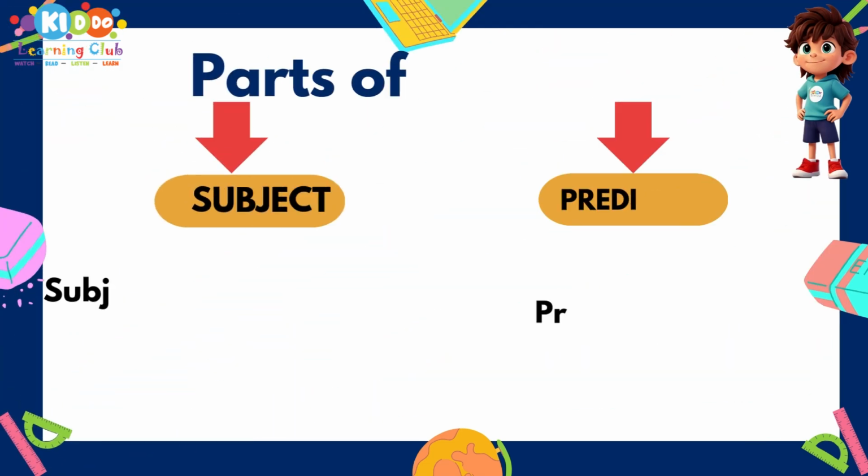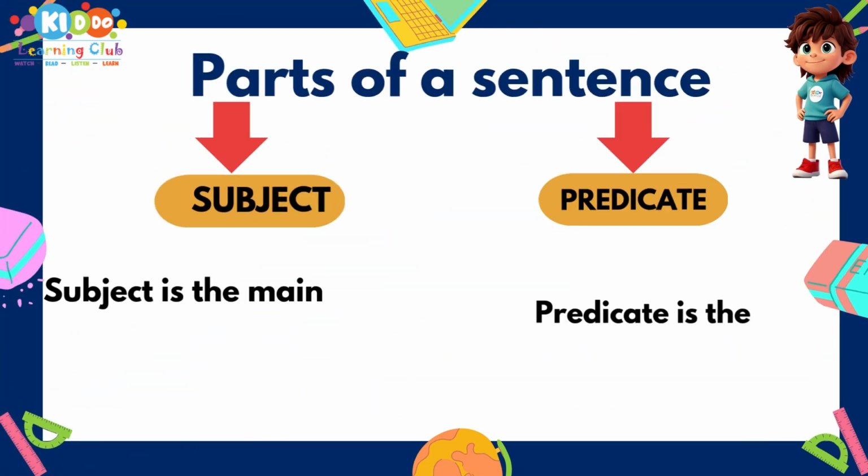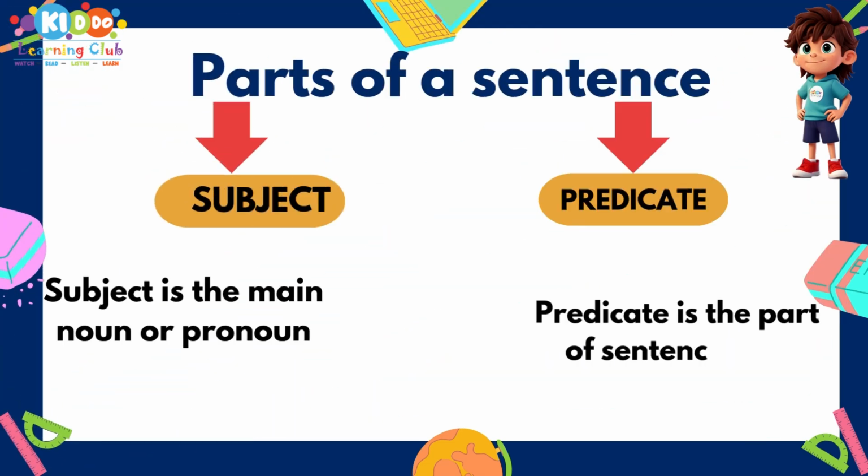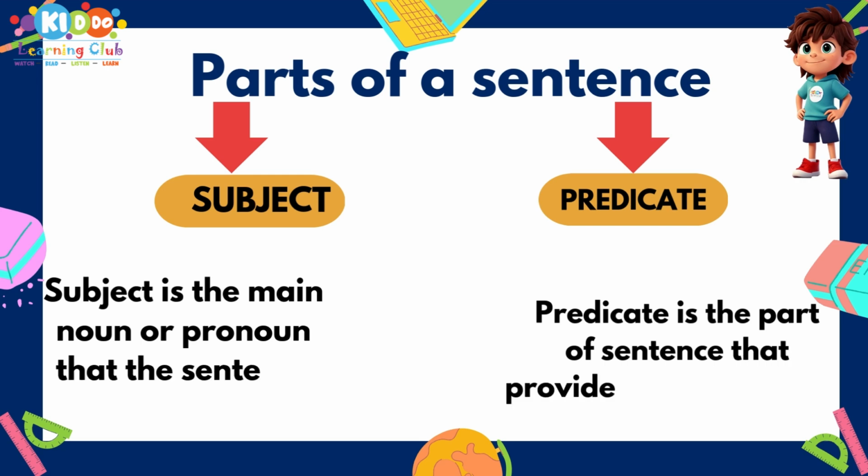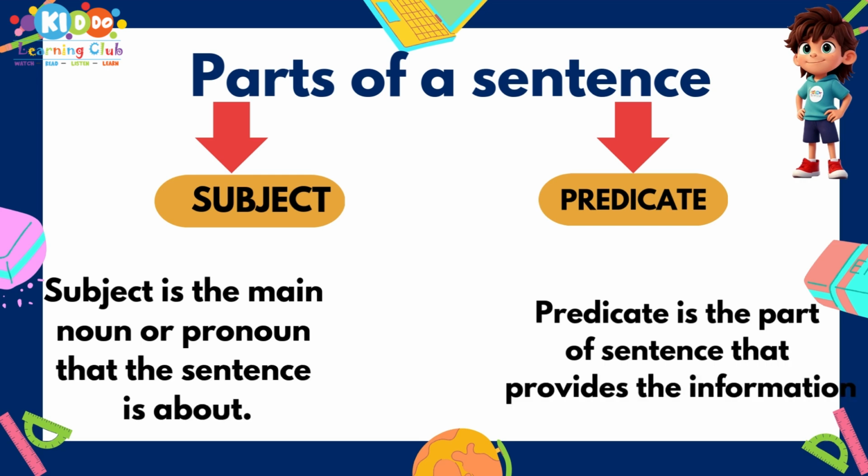In a sentence, the subject always tells us who is doing the action or who we are talking about. The predicate always tells us the information about the subject. It tells us what the subject is doing or what the subject is describing.